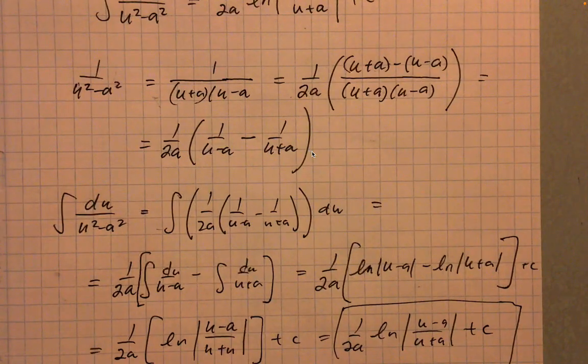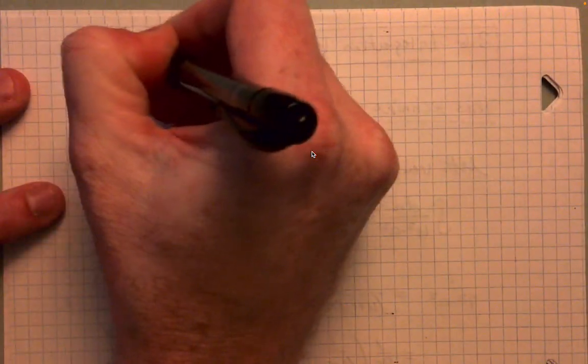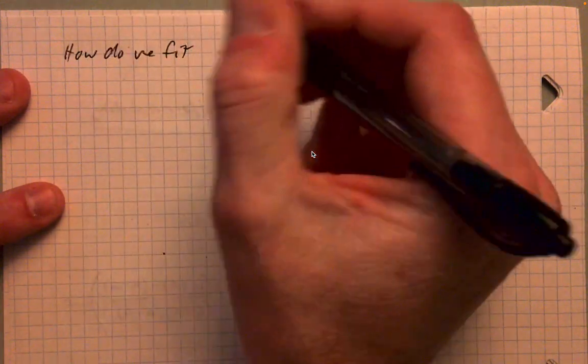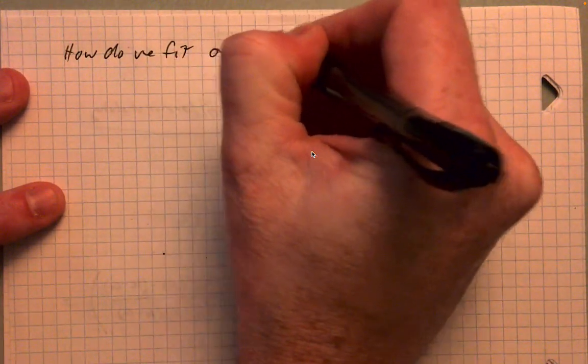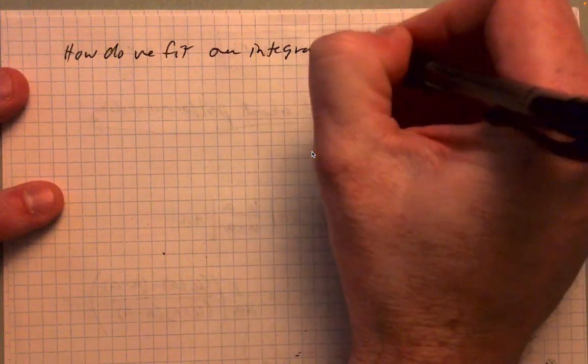Okay, very good. All right, let's do an example here of actually using these formulas to calculate an integral. So the question here would be, how do we fit our integrals to the forms given by the tables?